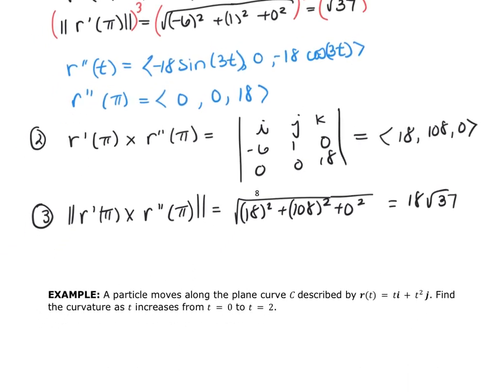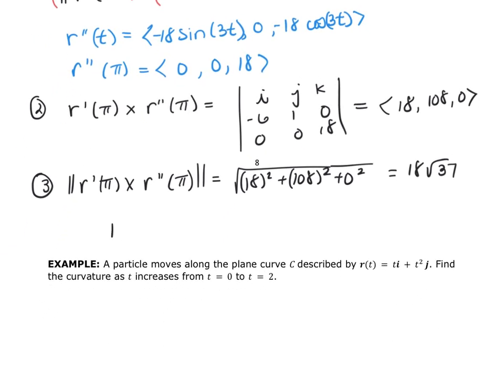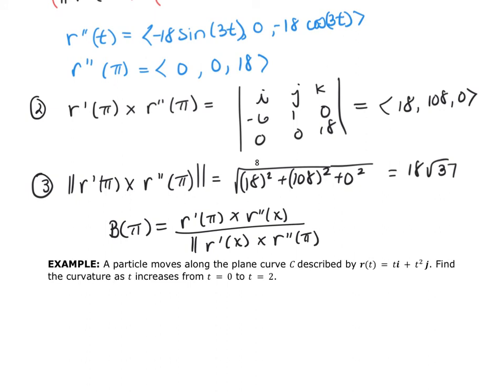So my binormal vector, evaluated at pi, is going to give me my r prime of pi crossed with r double prime of pi, which we found, divided by the magnitude of the cross product of these two. We want to do pi there. Should have pi everywhere. Pi here, pi there, everywhere a pi. That's pi. That's pi. Bam.